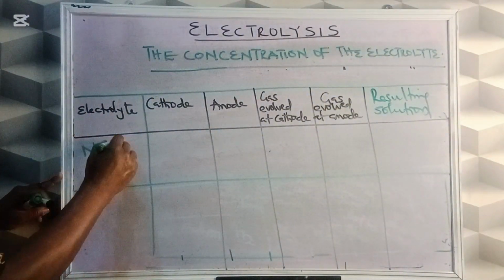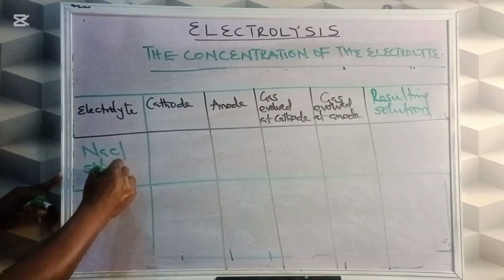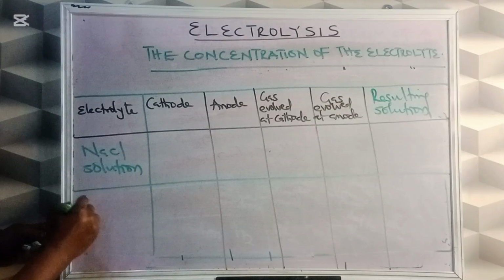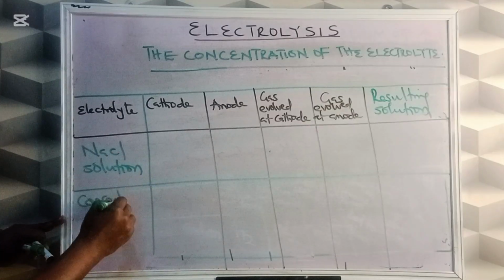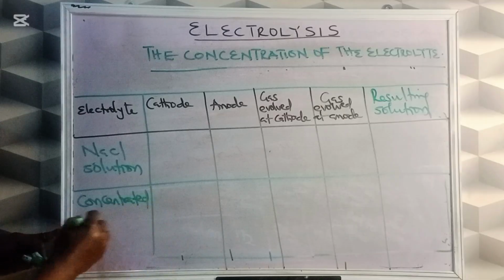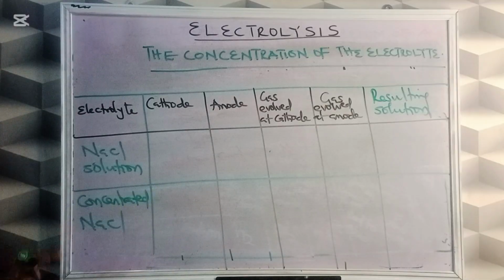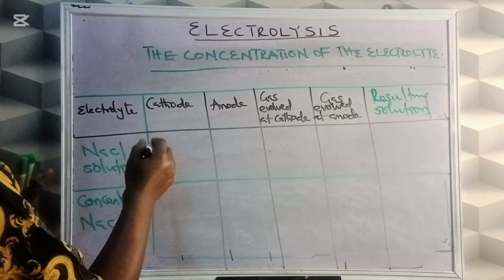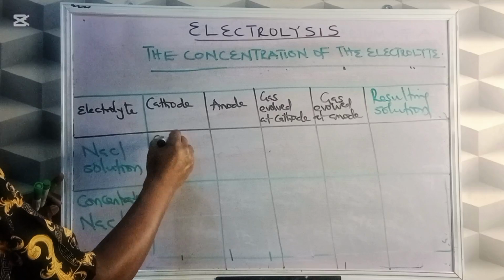This is for sodium chloride solution, and this is concentrated. Let's see the difference now. Sodium chloride solution, concentrated sodium chloride solution. Remember, you can use platinum, you can use carbon, you are correct.